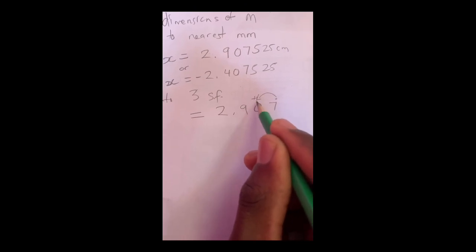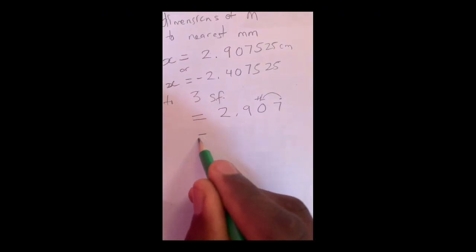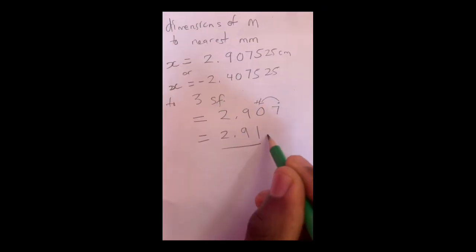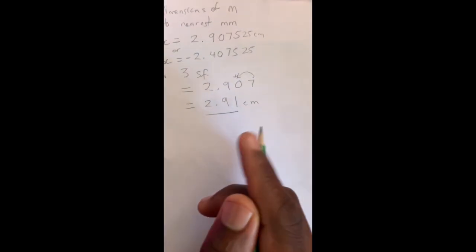However, we're not going to consider the negative value, since if we're looking at a real quantity such as length, we only take the positive value. So we're only going to consider the 2.91.